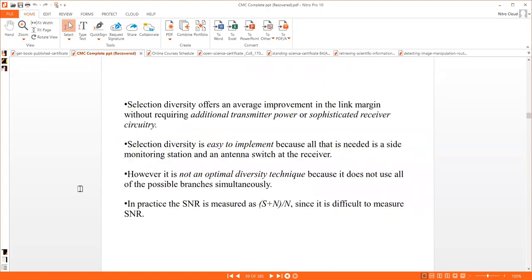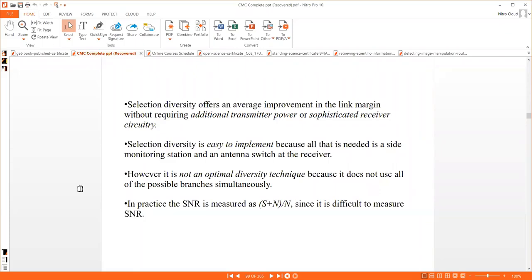Now, what are its principles? It offers an average improvement in the link margin without requiring additional transmitter power or sophisticated receiver circuitry. It does not require more equipment, as it involves directly the selection process.